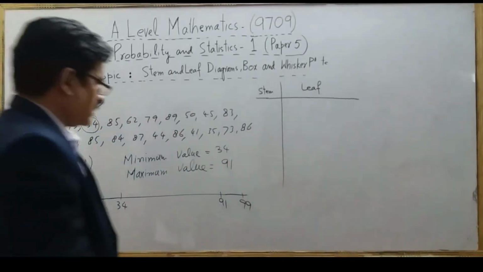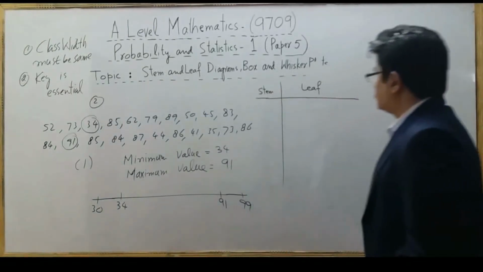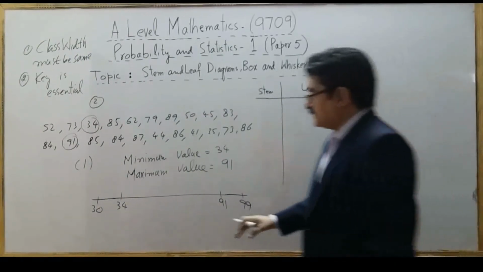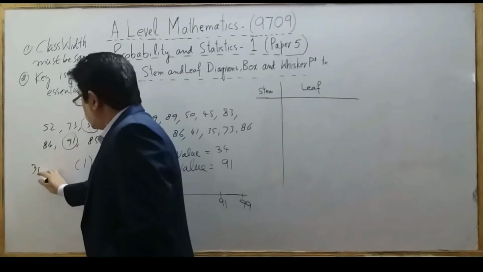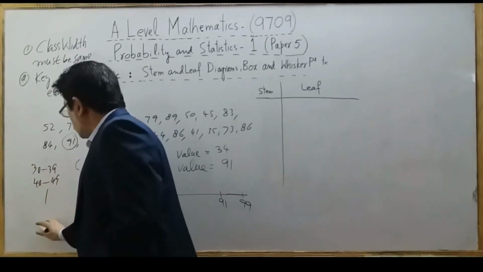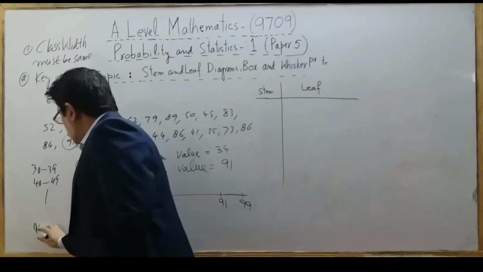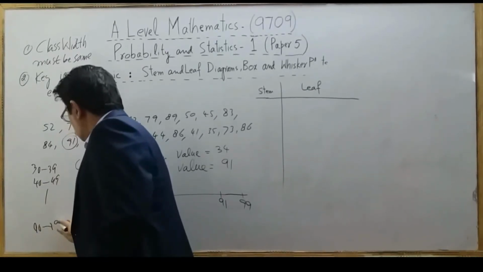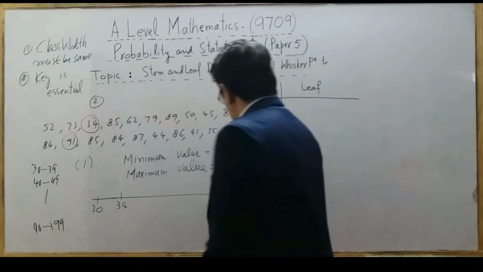Now we can construct the stem and leaf diagram. So our classes will be 30 to 39, then 40 to 49 and so on, 90 to 99 to include this value.